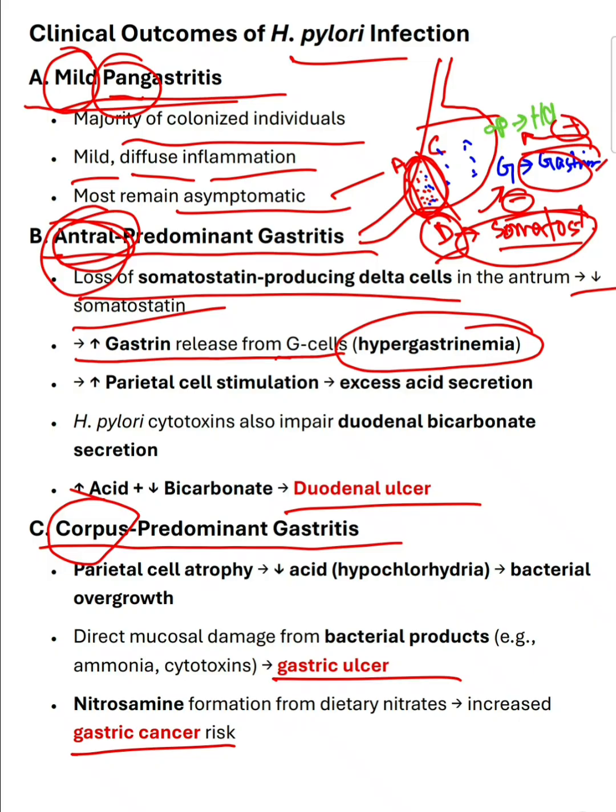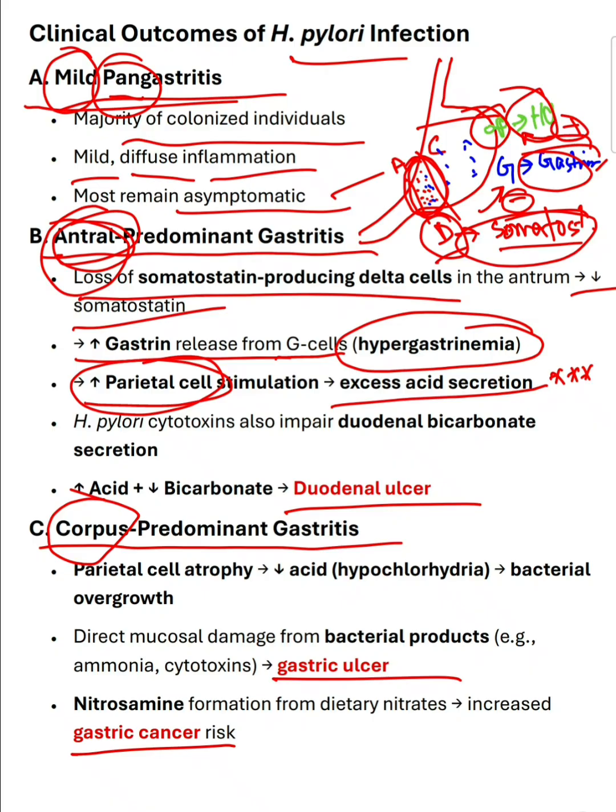Now, if there is high gastrin level, then it will stimulate the parietal cells to increase the hydrochloric acid secretion. So that is the very, very important mechanism, how antral-predominant gastritis can lead to increased hydrochloric acid secretion in the stomach.